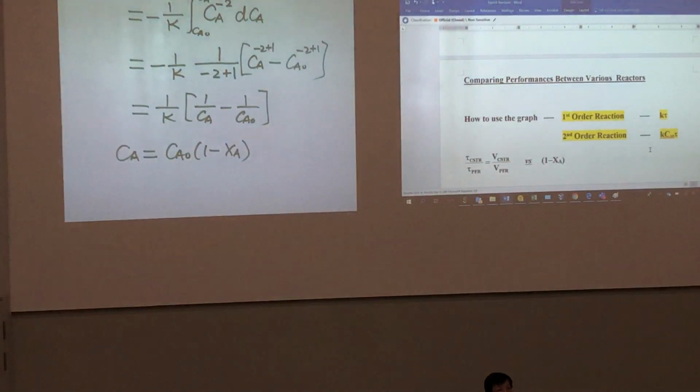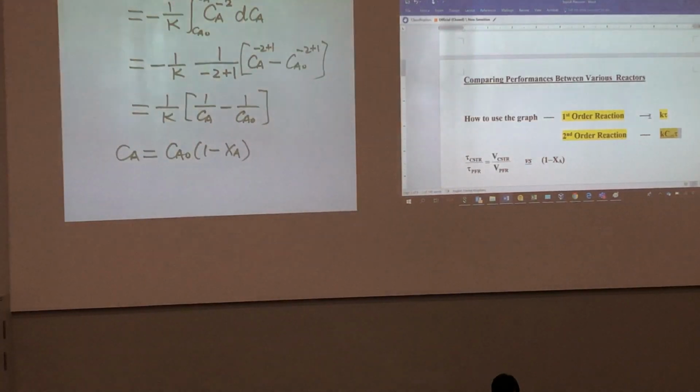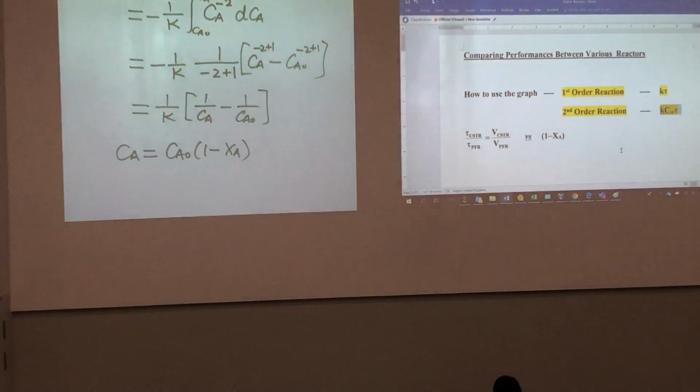Just take note, on the graph, the dotted lines for first order refers to K tau. For second order refers to K CAO tau. Then you need to know how to read.